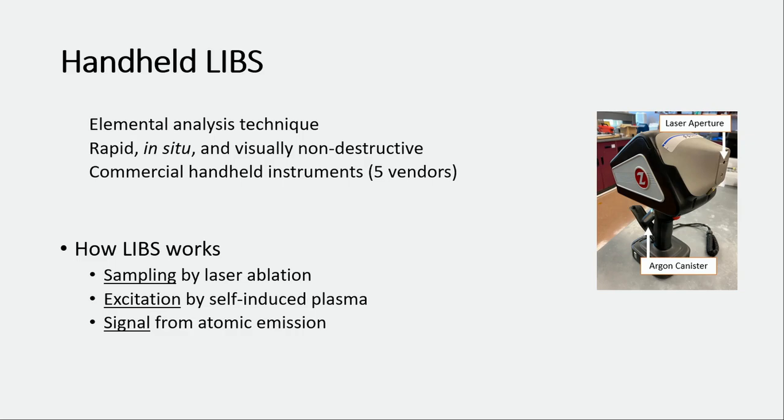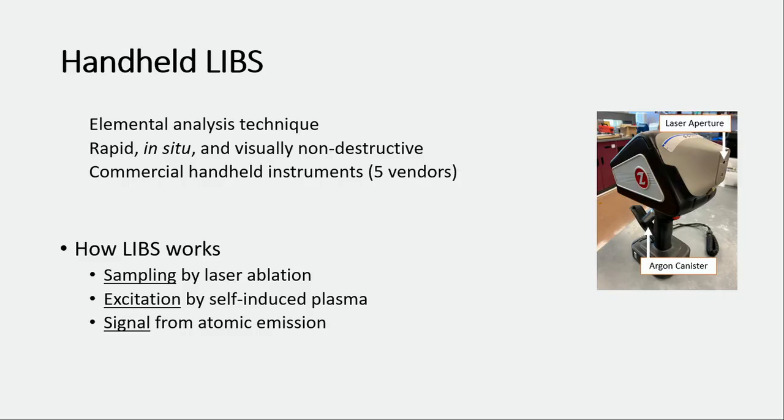Anthropology is used to XRF because it's very convenient. It was the only handheld elemental instrument for a long time, and LIBS caught up for different reasons. But now it's very fast to get any elemental profile, and there are several commercial systems, so it's available off the shelf.